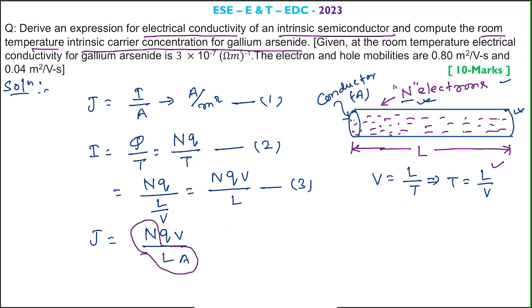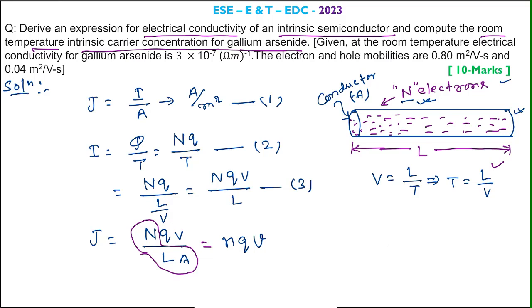The number of electrons in unit volume gives the electron concentration. So this can be written as J = n·Q·V.